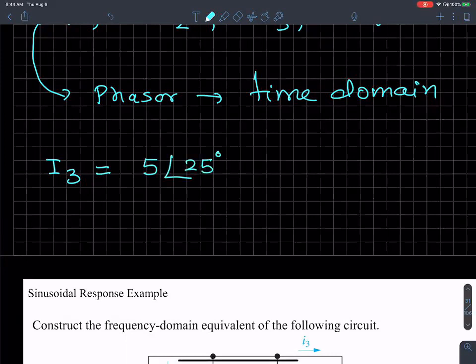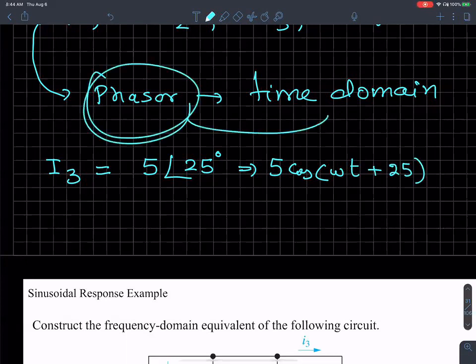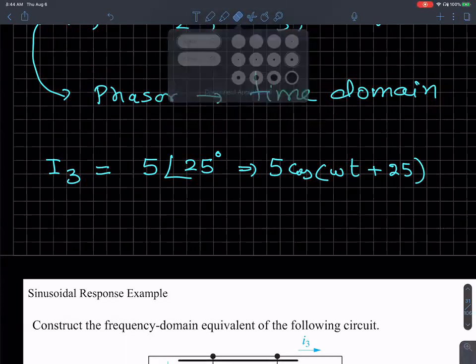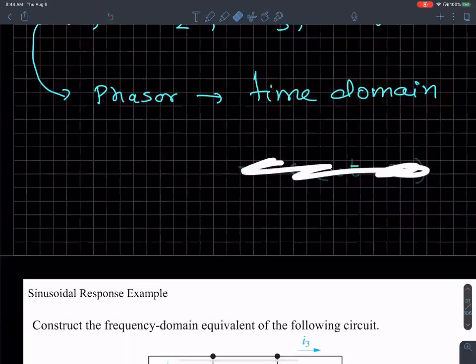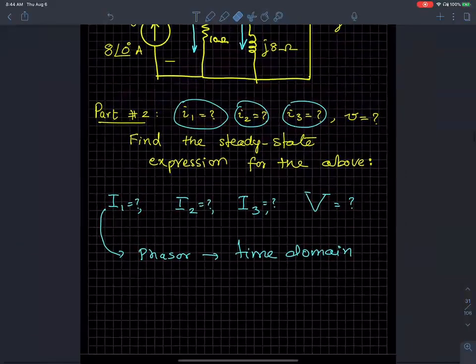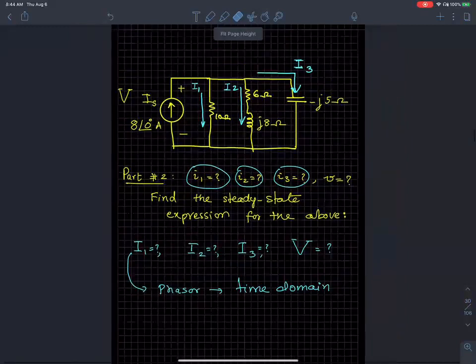Then I know how to write it in the time domain. I'm simply going to write it as 5 cosine of omega t plus 25 degrees. So once I have the phasor, I know how to go to the time domain form. That's exactly what I'm going to do. I'm going to begin by finding the phasor values for I1, I2, and I3. Questions so far.